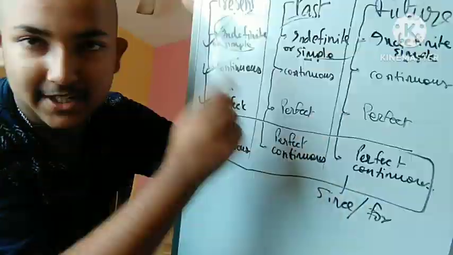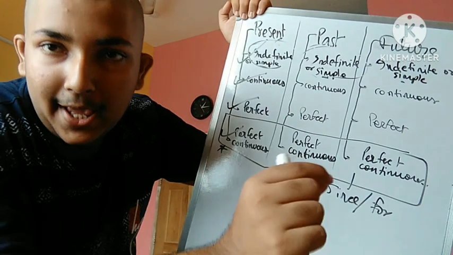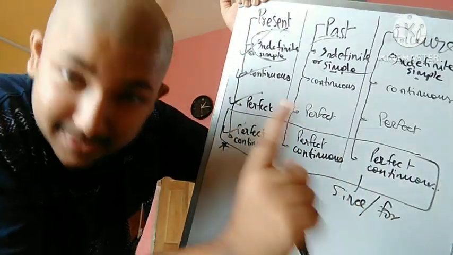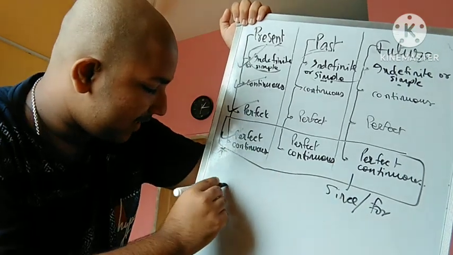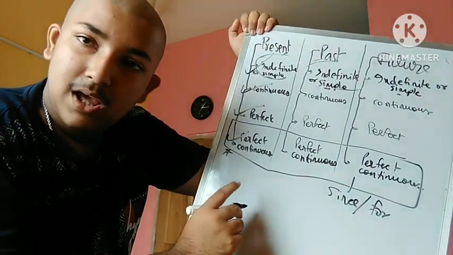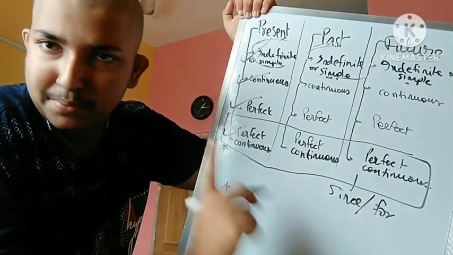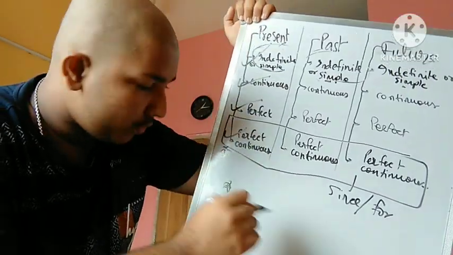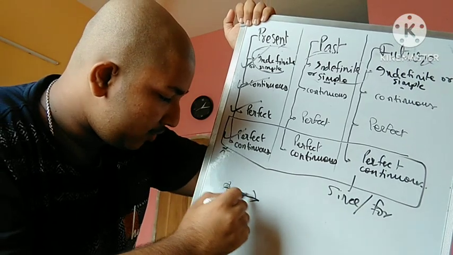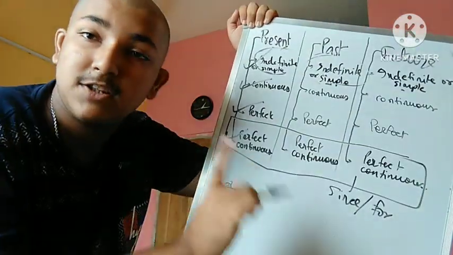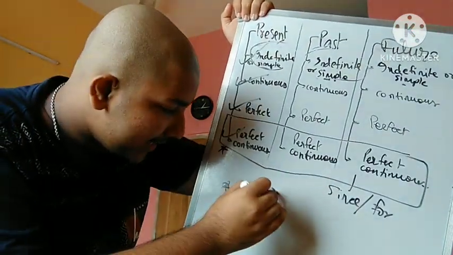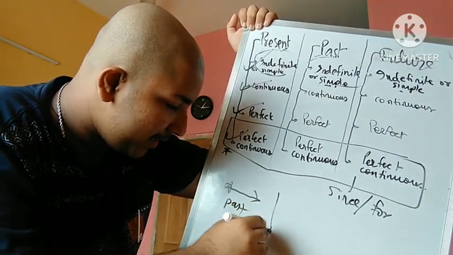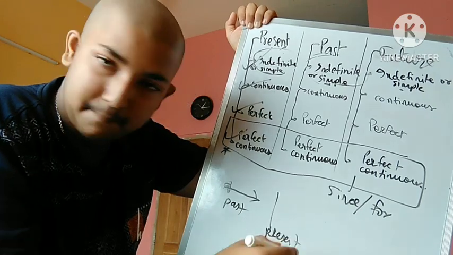Then past continuous. I was eating, I was drinking, means something was going on in past, but I don't know its starting point, I don't know its ending point, but I know something was going on in past, but I like something here. This is my past time, this is my present time.